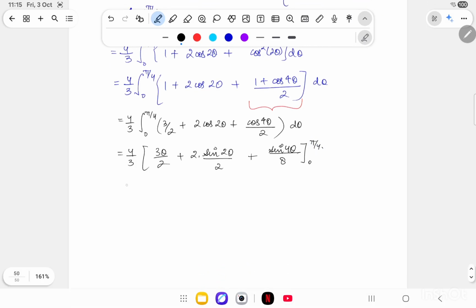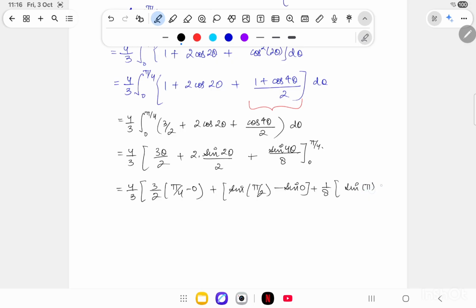Now if we plug in the limits, it will be 4 by 3 times 3 by 2 into pi by 4 minus 0, plus sin pi by 2 minus sin 0, plus 1 by 8 times sin pi minus sin 0.